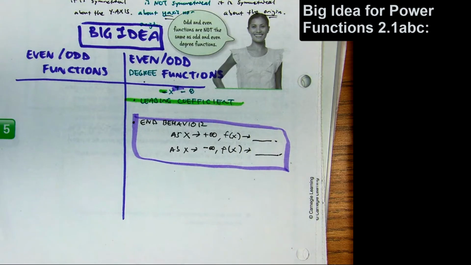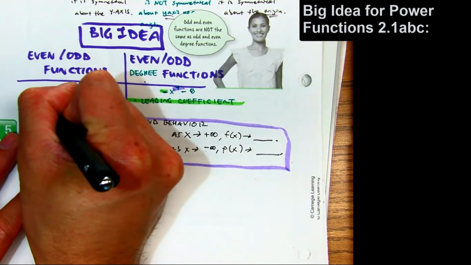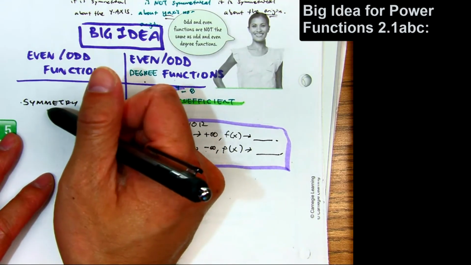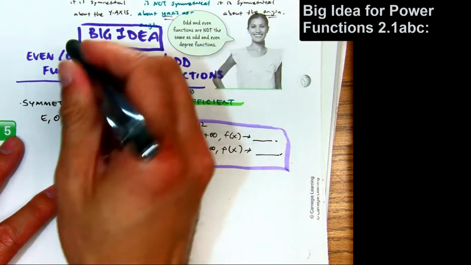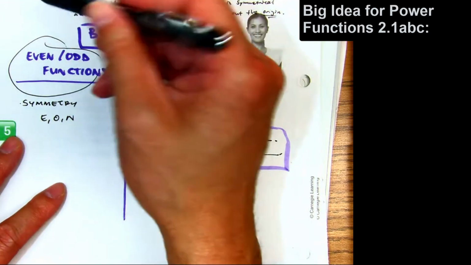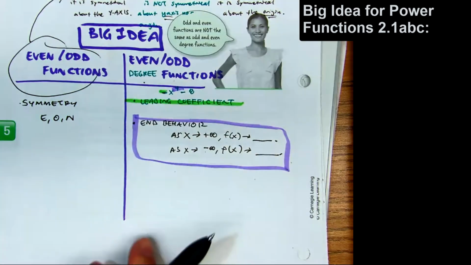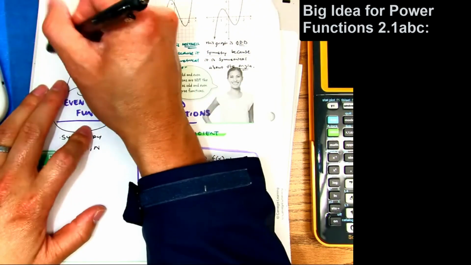What would you guys put under even and odd functions? Symmetry. What are the types of symmetry we had? Even, odd, neither. So basically, the even, odd functions represent symmetry, and we just did a bunch of examples like that above. So this is basically finding symmetry.